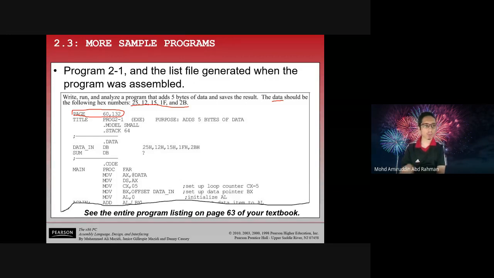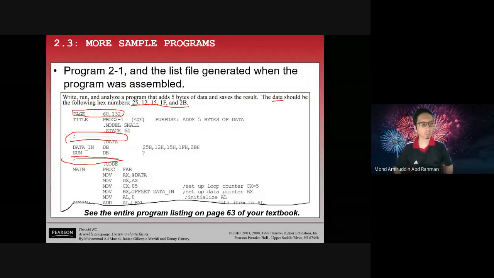Then we have the comment here, after the double semicolon. This is just a comment. If you don't want to put this, it is also okay, because it is just optional.